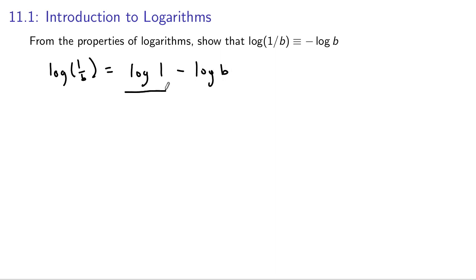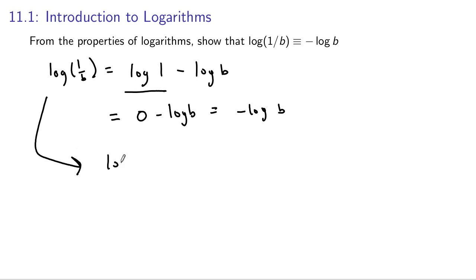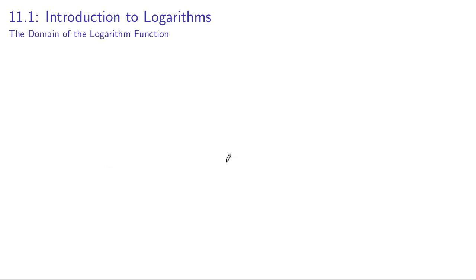And remember, log of 1 we said was 0, so we have 0 minus log of b, which is negative log of b. Also, another way of doing this would be to think that 1 over b is the same as b to the negative first power, and using the exponent to an exponent rule, we can pull the exponent out and get negative log of b. So of course the rules are consistent and work with each other. There's more than one way to get to the answer here.